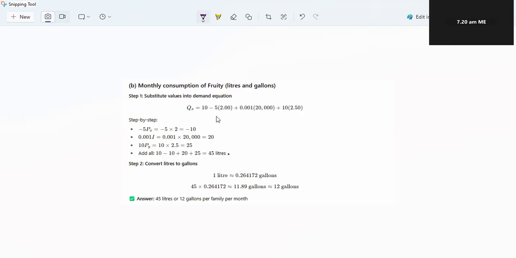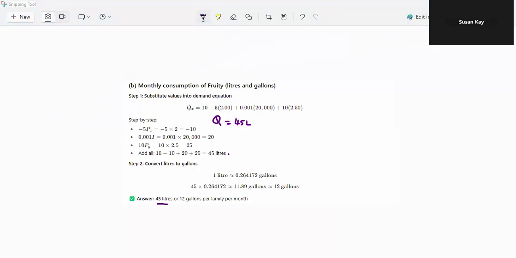Okay, so Q is 45 liters. In gallons, you can just convert it. So meaning what is the consumption per month? 45 liters, or 11.89, which is 12 gallons. All right, is that clear?